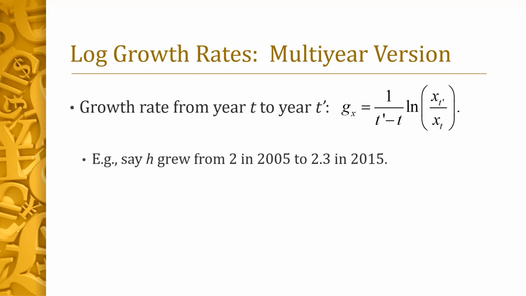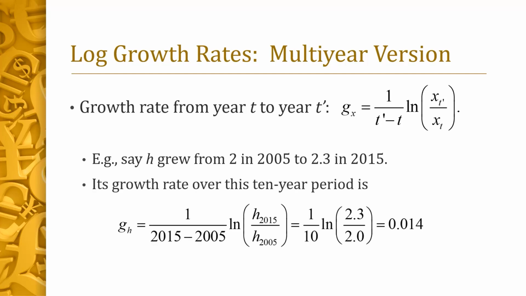For instance, suppose human capital H was 2 in 2005 and 2.3 in 2015. To compute its mean growth rate over this period, we take the log of 2.3 divided by 2 and divide the result by the number of years that have elapsed from the first year to the last, which in this case is 10. We obtain 0.014. In other words, the annual growth rate of human capital from 2005 to 2015 was 1.4%.